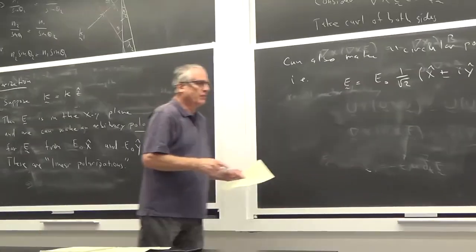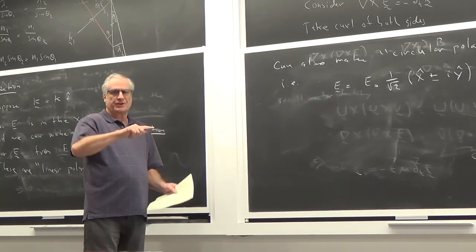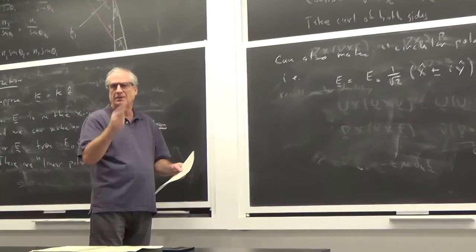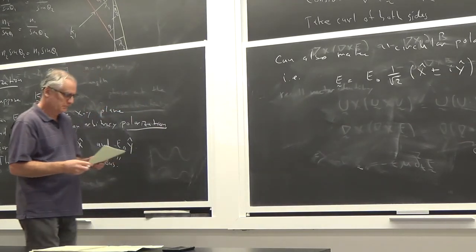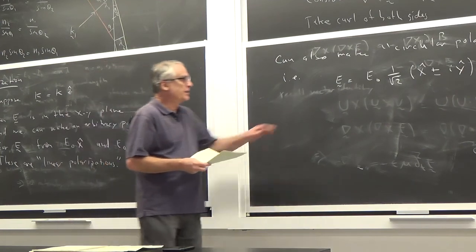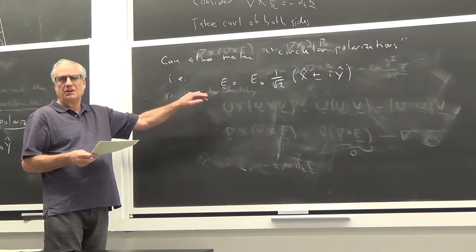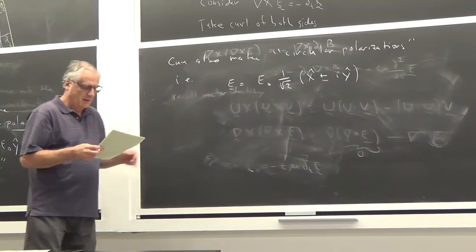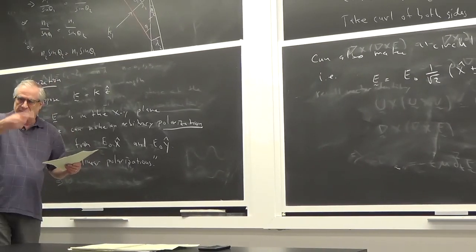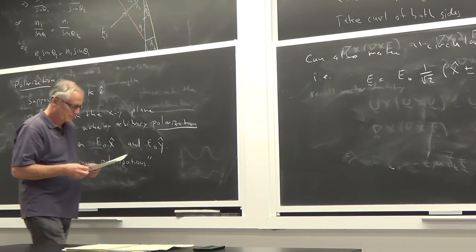Or for any given point in space, as you watch in time, the electric field is just going around the circle. In the end, we take real parts as usual. And get the behavior that I just described.